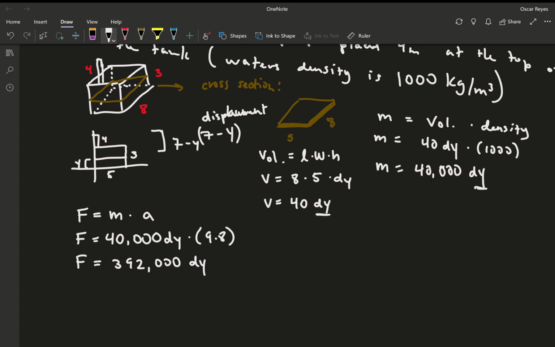So our force needs to be multiplied by our displacement, which is 7 minus y.